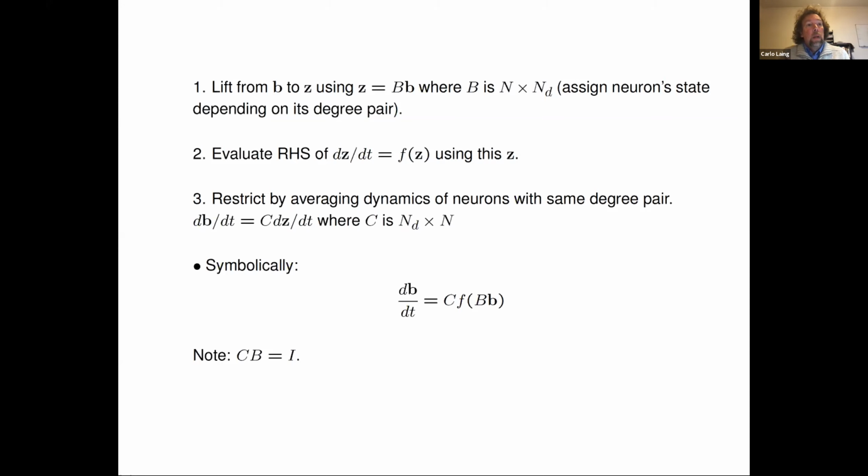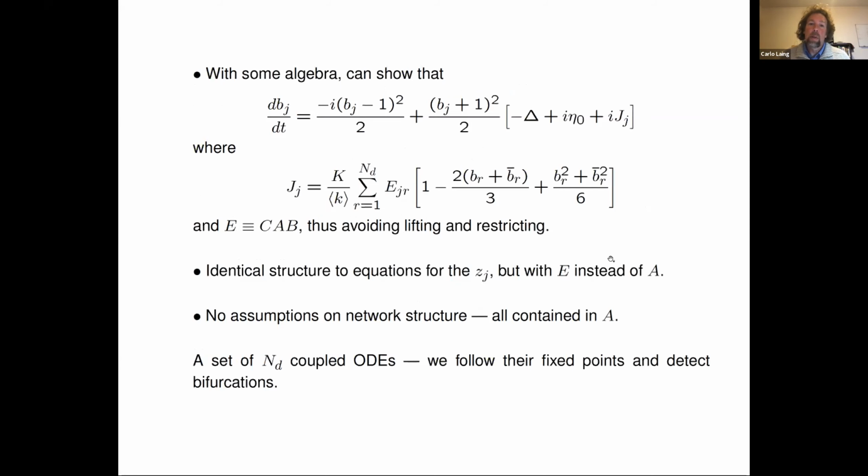I'm not sure about this idea of lumping by degrees, applying that to other types of networks. I haven't really thought about it. It kind of surprised me that it worked. We went through and derived these equations, and it's basically the same equations as for the full network. That surprised me. I'm not sure whether other people can say that's obvious or it's known. I don't really know whether these ideas will work in general.